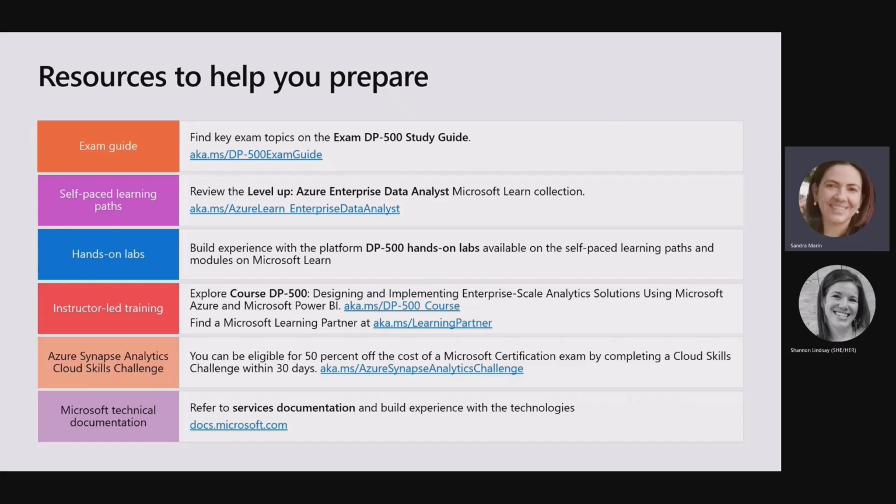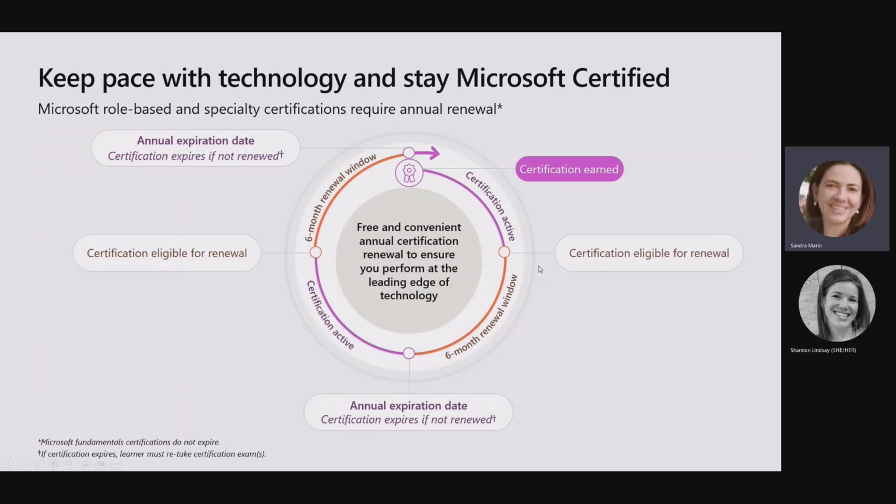And of course, always refer to the services documentation on docs.microsoft.com, because you will find a lot of content there. Now, to finish, I want to mention something that I mentioned at the beginning: your certification will expire at some point. All Microsoft certifications are valid for 1 year. So from the moment you earn your certification, it will be active for 1 year.